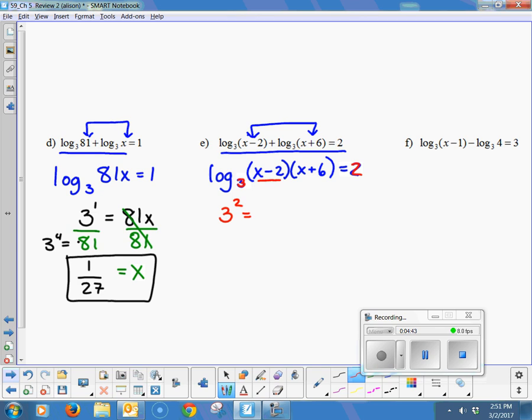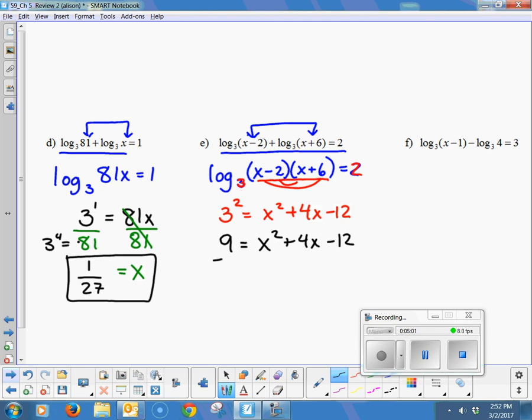equals this stuff, which I'm now going to multiply out: x squared plus minus 2x plus 6x, so plus 4x minus 12. I can rewrite 3 squared in my head. I'm so powerful. 9 equals x squared plus 4x minus 12.